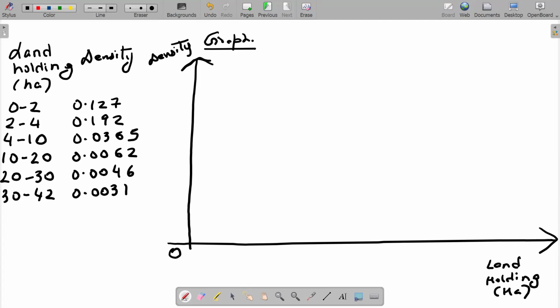I can just take 2, 4, 6, 8, 10, and so on, or I can start with 4. So 0, 4, 4 2s are 8, 4 3s are 12, 4 4s are 16, 4 5s are 20, 4 6s are 24, 4 7s are 28, 4 8s are 32, 4 9s are 36, 4 10s are 40, 4 11s are 44. I took a scale of 4, and on the vertical axis, my densities are all 0 point something.